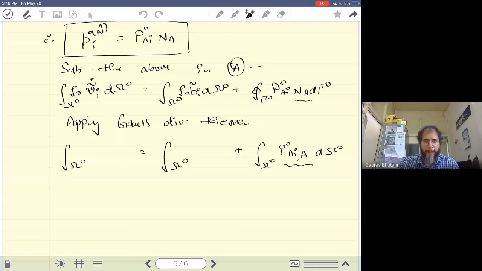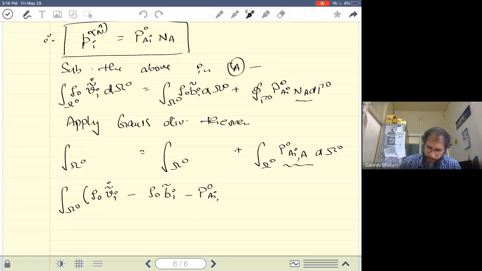Now we can combine all the terms into one integral. So this becomes integral omega naught, and this integral is equal to 0.